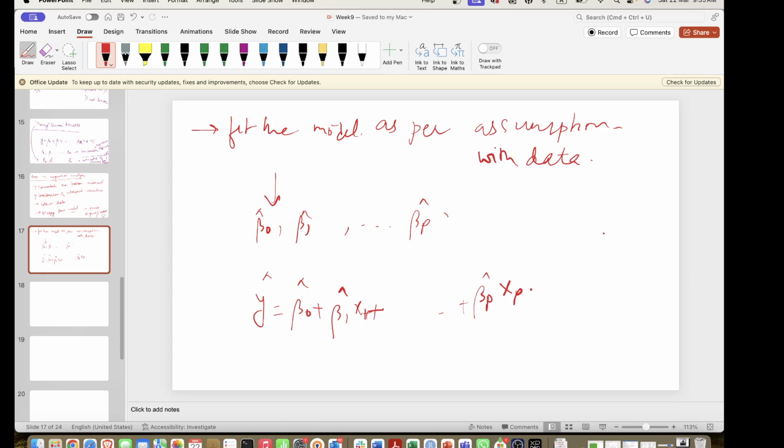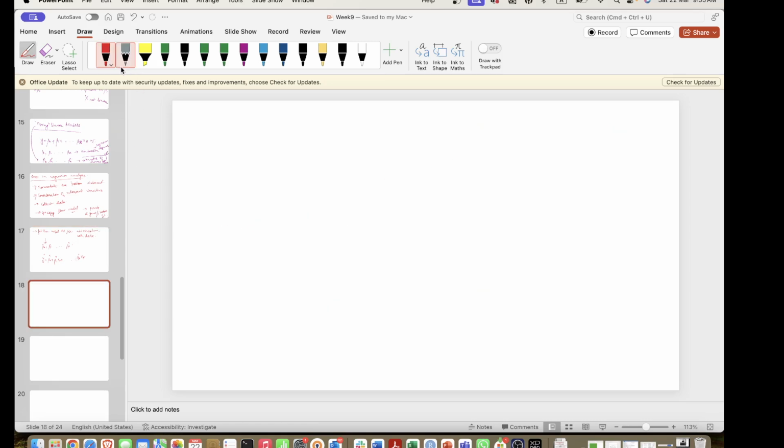Okay, so now once we have fitted the model, it's not like that we leave the entire problem and just carry on with our lives. We go back and then we critique the model and we also use model validation.